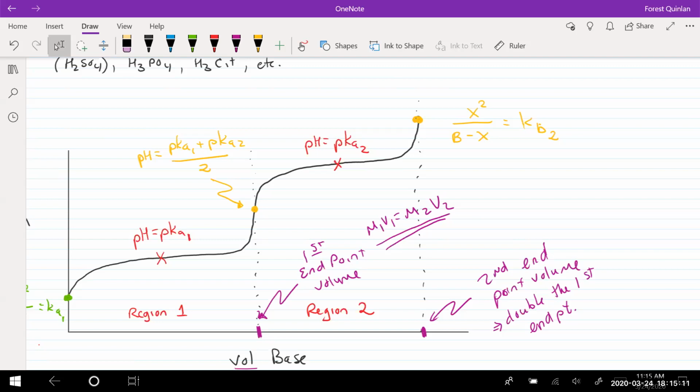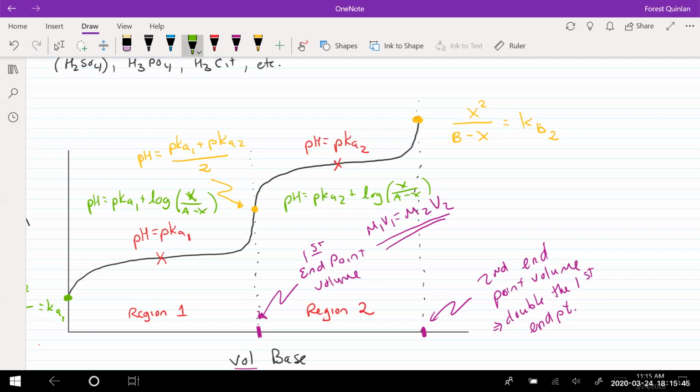In this area, pH equals pKa1 plus log of x over a minus x. And over here, pH is equal to pKa2 plus log of x over a minus x.